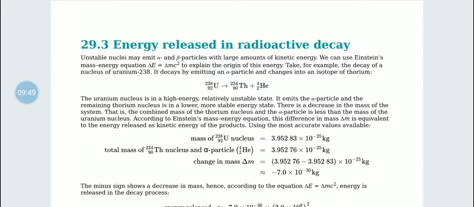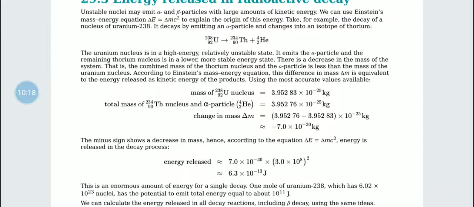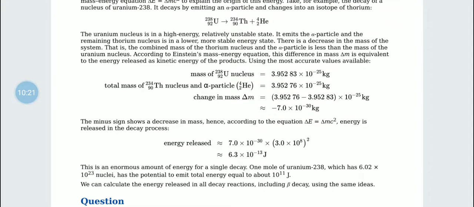If you take the most accurate values, we get the mass of the uranium-238 nucleus, then the thorium nucleus and the alpha particle. The change of mass would be minus 7 × 10^-30 kilograms. Minus means there is a decrease in mass, so energy is released in this decay process. The energy released is 6.3 × 10^-13 joules by using ΔE = Δmc².